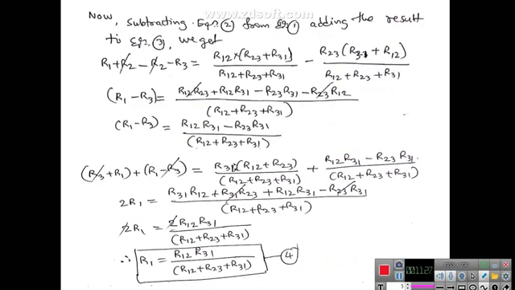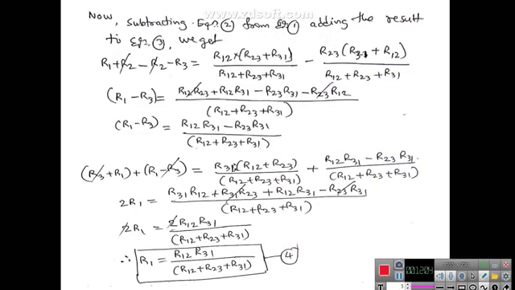Then you can add this equation to equation number 3. What is equation number 3? Equation number 3 is R3 plus R1. So you are adding it to equation number 3, which is equal to this value. If you add, this R3 and this R3 will cancel, and on the right hand side you expand this.